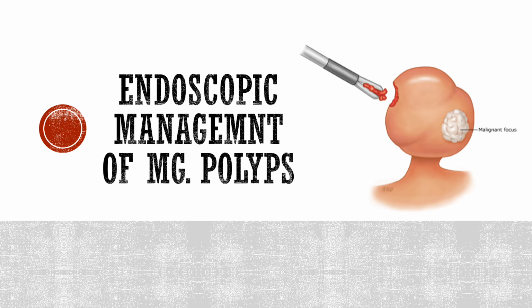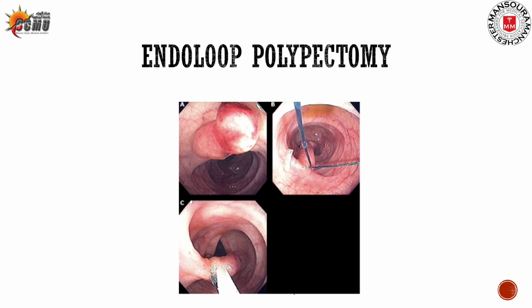As you can see in the photo, polypectomy is mandatory for polyp-like lesions in the colon or rectum, because biopsy may not be enough, as it may miss a malignant focus. This is an example of polypectomy utilizing what's called the endoloop.